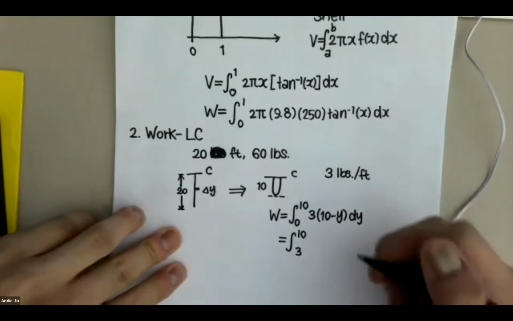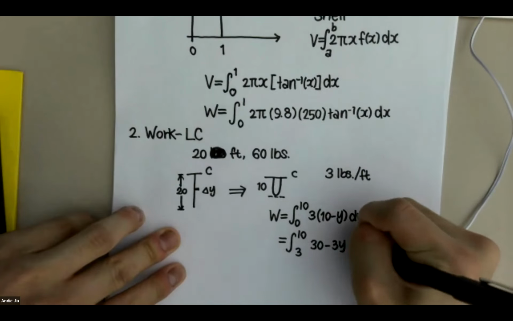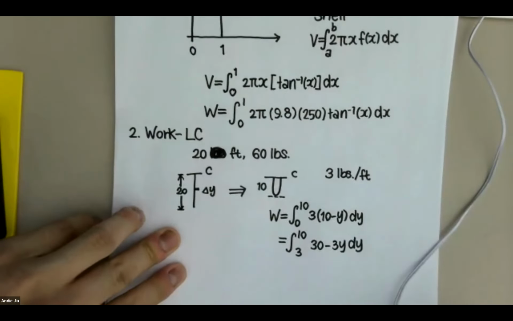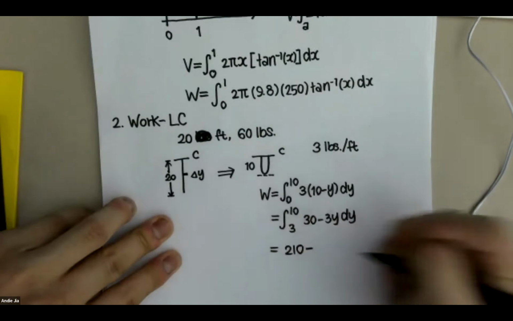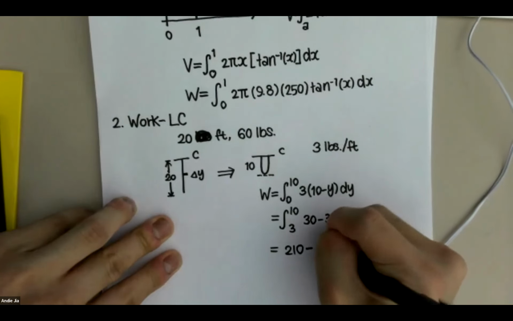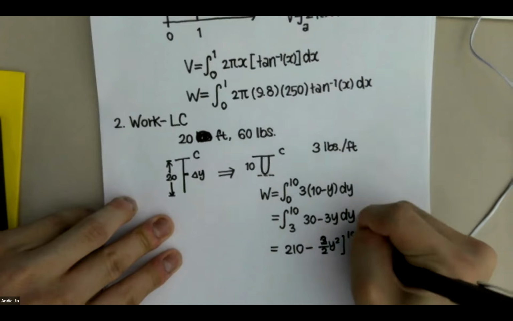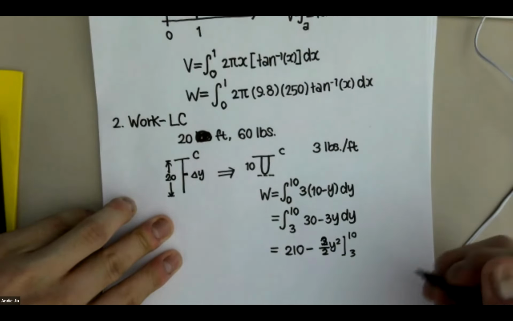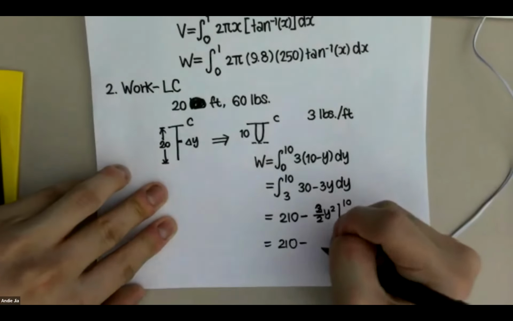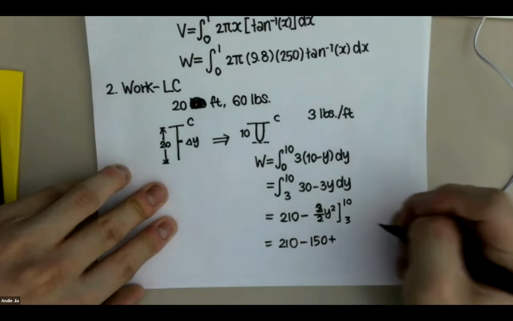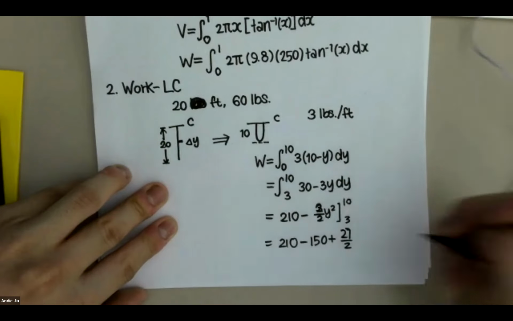Then 3, and 30 minus 3y dy. Let me just deduce: minus 3 over 2 y squared, and then 3, so it's going to be 210 minus 150, and then plus 9, so it's going to be 27 over 2.